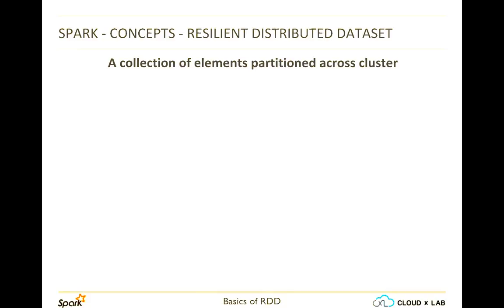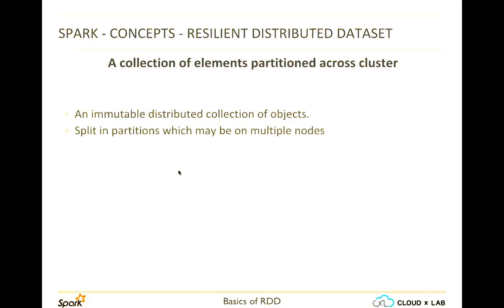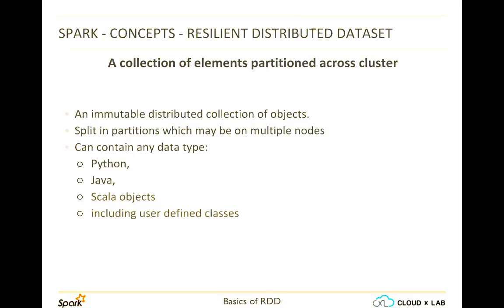So it's an immutable distributed collection of objects split in partitions, which may be on multiple machines or multiple nodes. It can contain any data type from Python, Java, Scala, including your own classes.